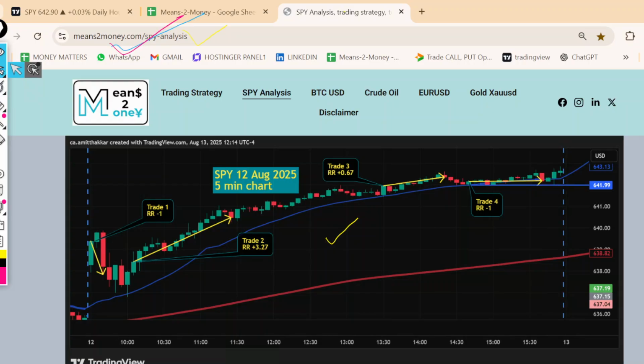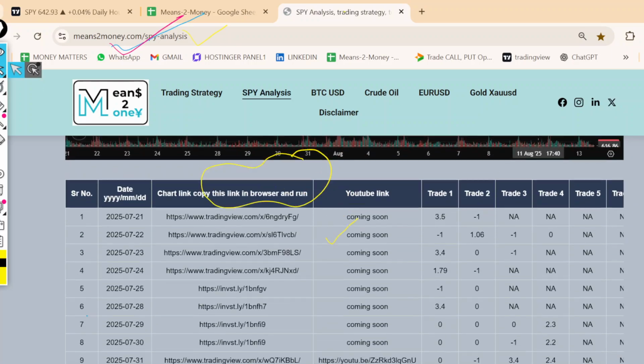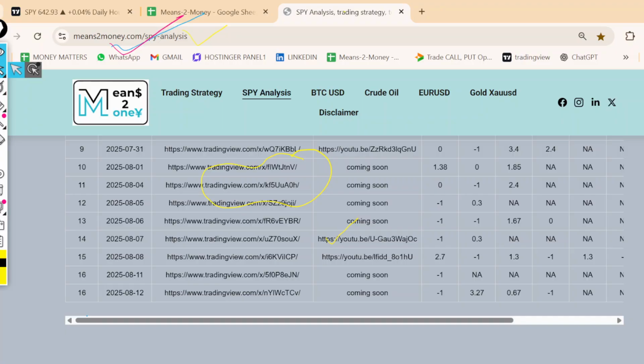If you see, the 12th August chart has been updated. 12th chart is updated, and if you go down, you can see our table where we write our tracking. We'll track all our trades.